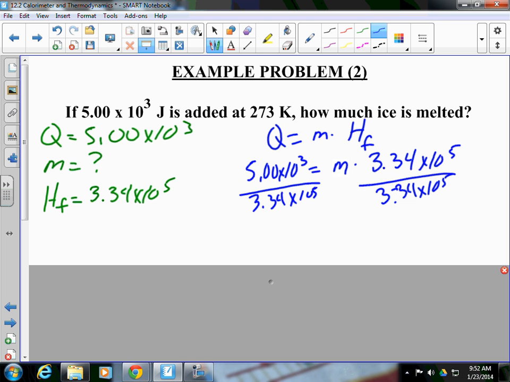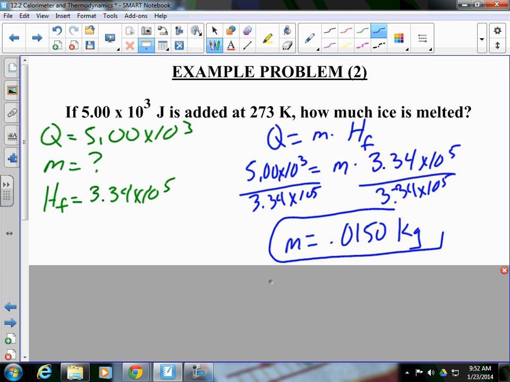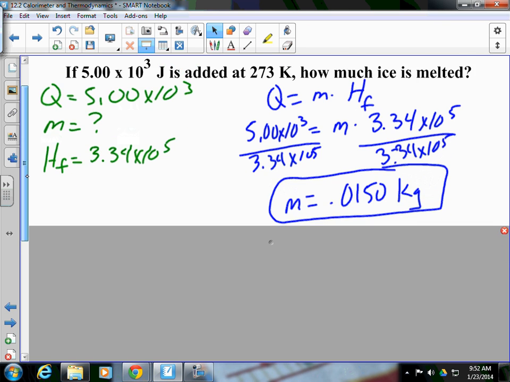And our final answer, our mass, with sig figs, because we have 3 sig figs, ends up being 0.0150 kilograms. Not a lot of ice. That's only 15 grams of ice, which would be the weight of about probably 1 ice cube. So that's our first example.